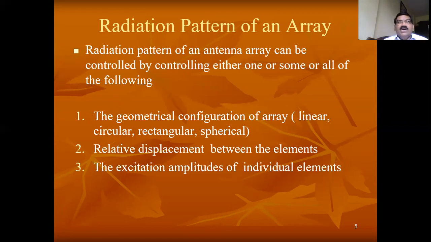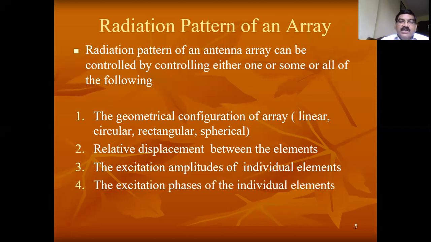Generally there are 2 types of array: you can have separate excitation, or generally a single excitation is given. So based on that also. If you have separate excitation, that is also possible for the different elements. Then the excitation phase of the individual element.